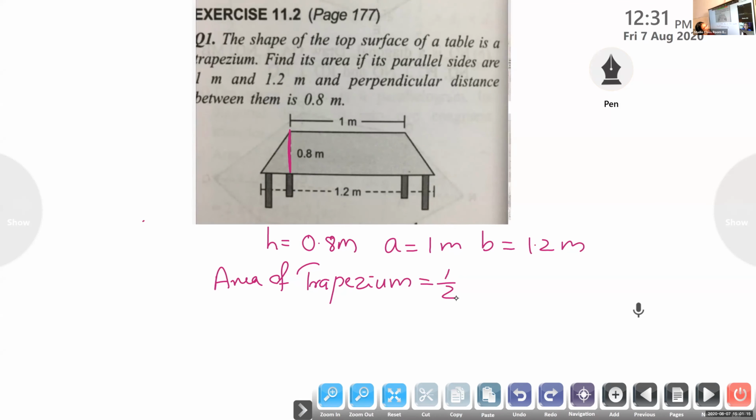Switch on your video, Alvin. Where are you going? So you didn't write, Alvin, isn't it? Why are you not writing?